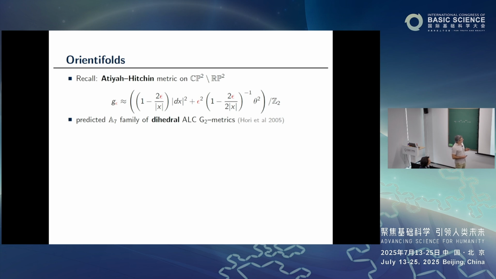At infinity, this would again be a Z2 quotient of a circle bundle over a Calabi-Yau cone. So by analogy with four-dimensional hyperkähler geometry, we decided to call metrics like this dihedral ALC G2 metrics. Here there is a circle fibration that is not a circle action. That's this involution Z2 that acts as an orientation reversing involution of the circles.